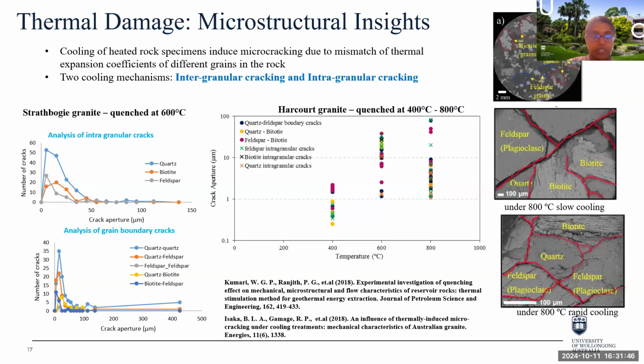We studied the damage mechanism of different granite types. For example, quartz was the most abundant mineral in the Strathbogie granite, and it showcased relatively higher thermally induced damage compared to Harcourt granite, which was predominantly a plagioclase and feldspar dominated granite.